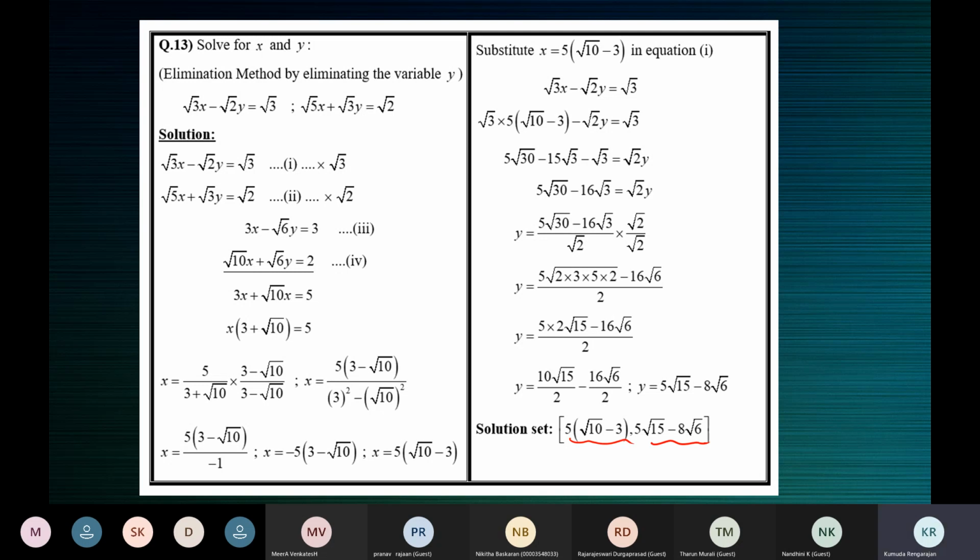Yeah, Pranav, what's your doubt? Ma'am, in the second column, if this was the question and they told us to eliminate x, how will you take the LCM? Eliminate 3x and root 10x, how will you eliminate?